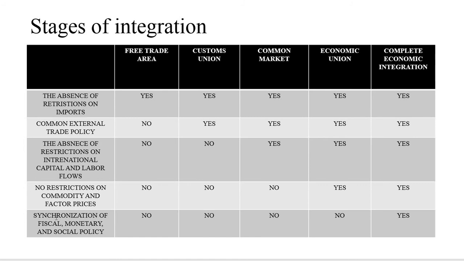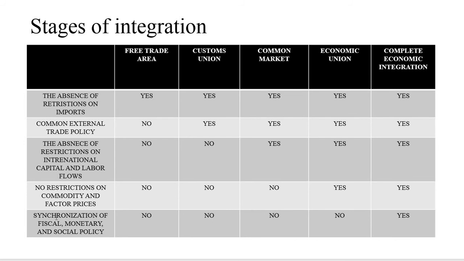So when it comes to economic union, Balassa describes it as no restrictions on commodity and factor prices. But basically, as he explains, it implies that national governments do not impose any national policies when it comes to commodity and factor prices. For instance, if there are minimum wages, they should be uniform in all the countries constituting the economic union.